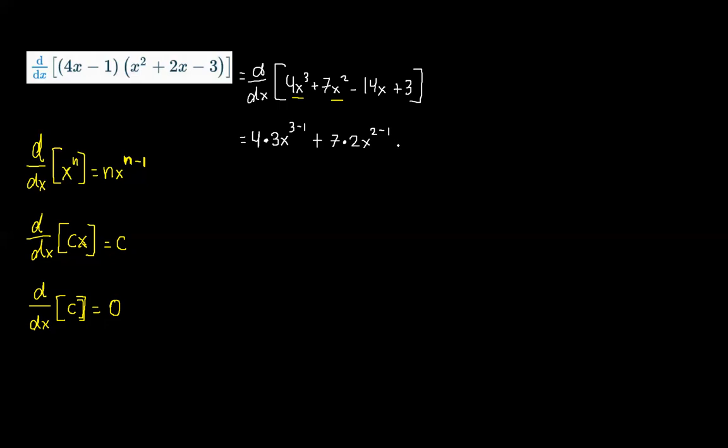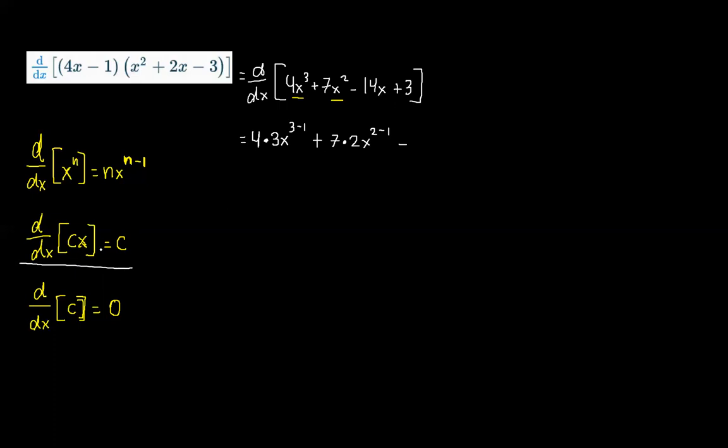Now next, we have negative 14x. As you can see, you can either use the power rule of differentiation, or you can use the derivative of cx, the derivative of a simple x. Here, I'm going to apply this rule to negative 14x.